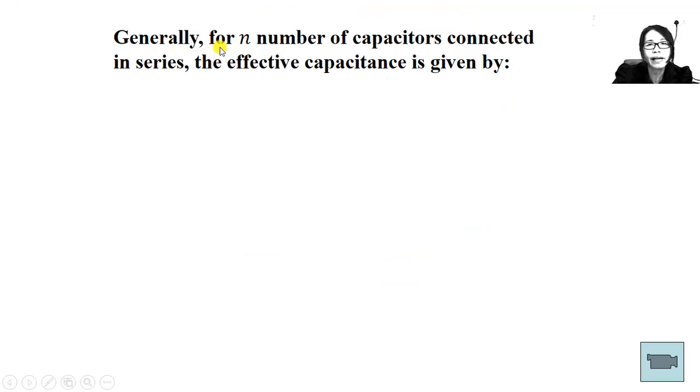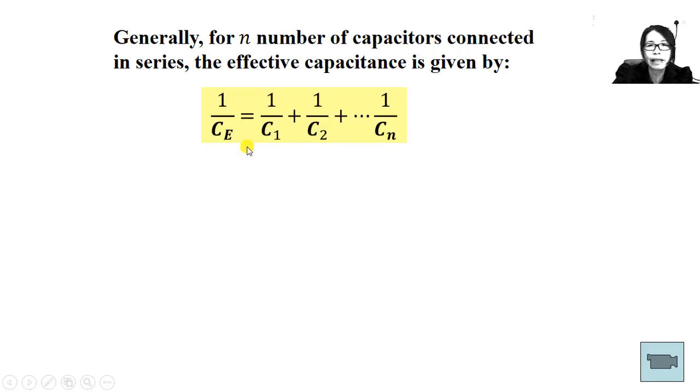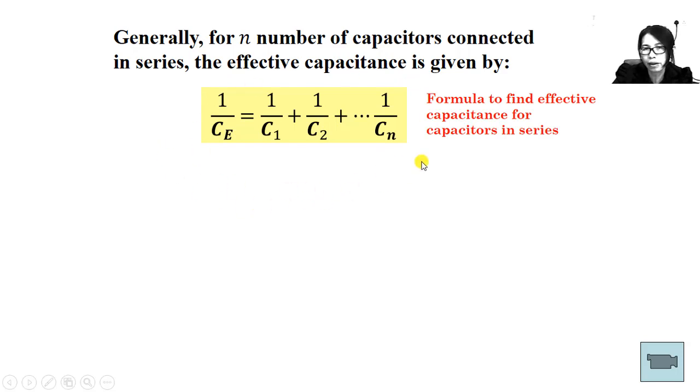So generally for n capacitors connected in series, the effective capacitance is given by 1 over CE equals 1 over C1 plus 1 over C2 plus until the n capacitors. So this is the formula to find the effective capacitance for capacitors in series.